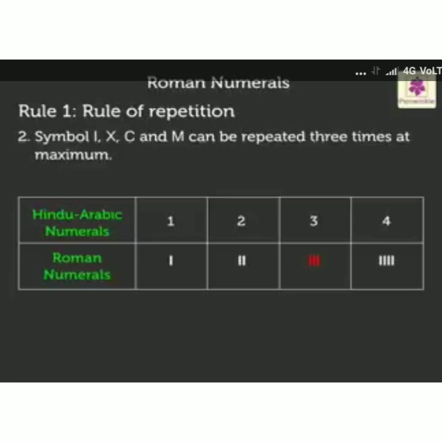For example, 1 is symbol I. 2 I can write as two I's. 3 I can represent with three I's. 4 I cannot write with four I's. So it is repeated 3 times, not more than 3 times. For example, 10 is symbol X. 2X represents 20. 3X represents 30. 4X I should not write because it is not repeated more than 3 times.